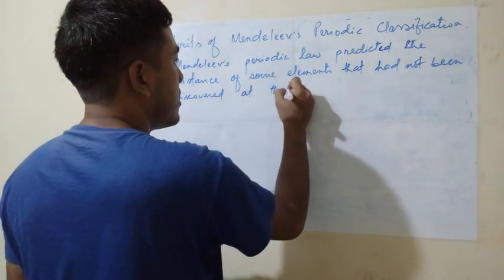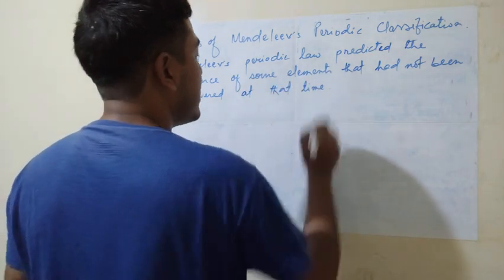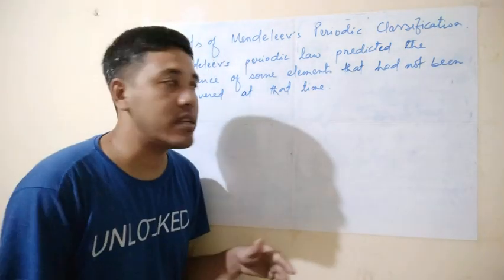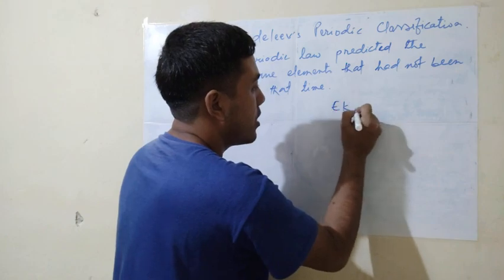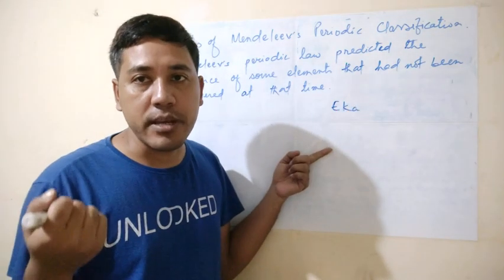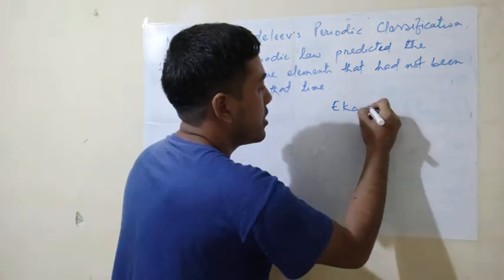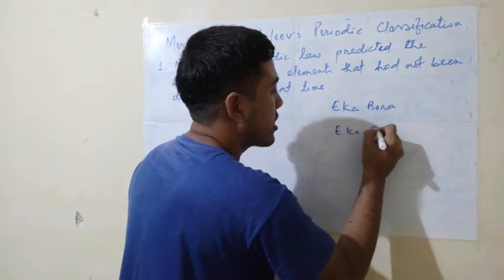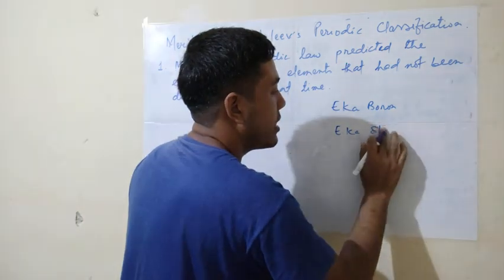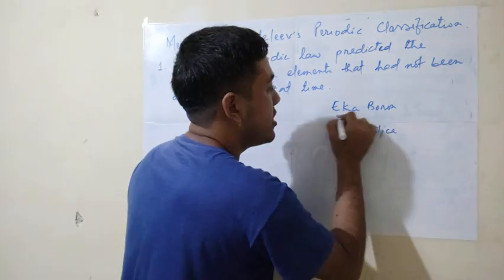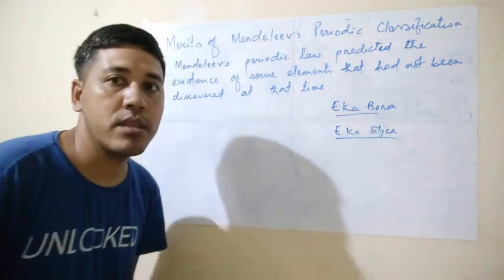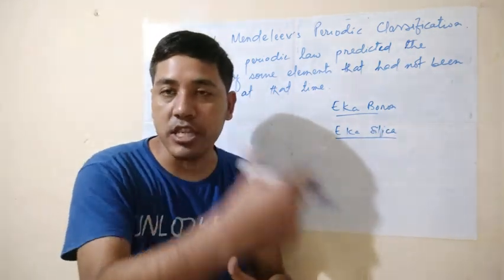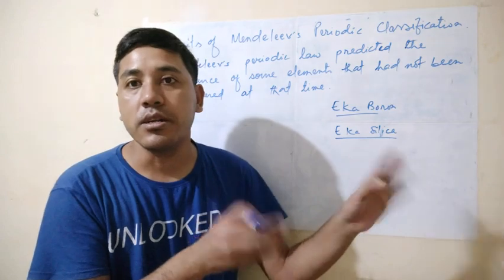At that time, he used to predict some of the elements like Eka boron and Eka silica. You can see them in your periodic tables. These are some of the elements he predicted would be discovered after some years.